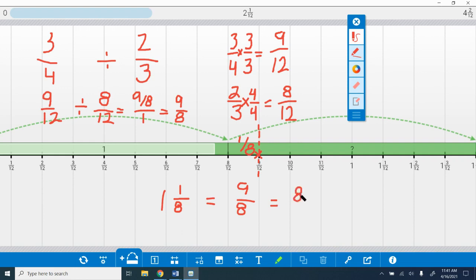There are 8/8 in one whole. And 8/8 plus 1/8 is equal to 9/8. So this is a true statement. 1 and 1/8 is equal to 9/8, which is equal to 8/8 plus 1/8. So our answer is 1 and 1/8.